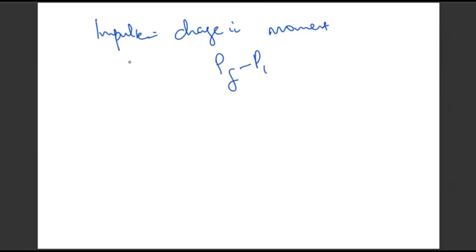Okay, so impulse is equal to the change in momentum, meaning that our P final minus the P initial. This is given as M, V final minus V initial. So which M can we use?